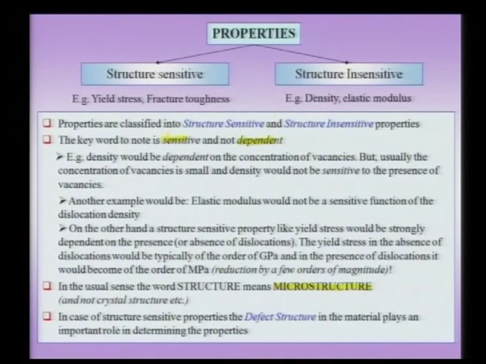To give an example, the density of any material would depend on the concentration of vacancies. Vacancies, as we shall see soon, are missing atoms. For instance, in a copper crystal, if you remove a copper atom from its lattice point, that would be called a vacancy. Now, if you remove more and more copper atoms, you will see that the density would decrease. But this is not a sensitive case of vacancies.